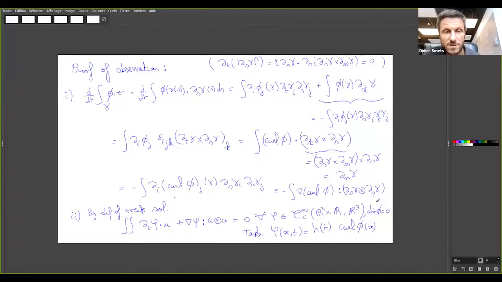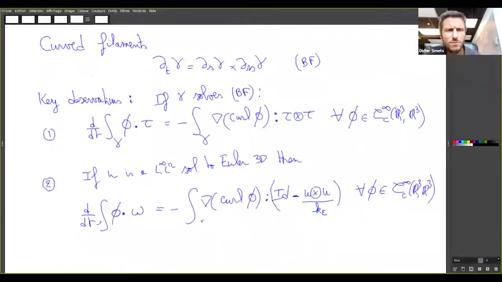So that's for the binormal curvature flow equation. And what I claimed yesterday is that for a weak solution of Euler, we have a similar identity for omega. I replace the curve here by the integral against the vorticity, little omega. And here on the right, I have the velocity field which enters into play.